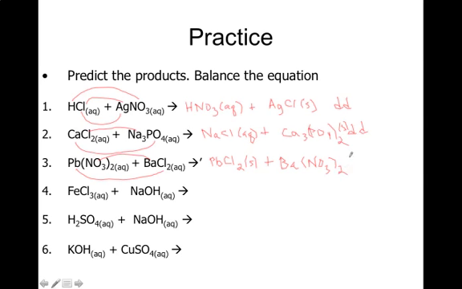Okay, and that would be aqueous. These are all double displacements.